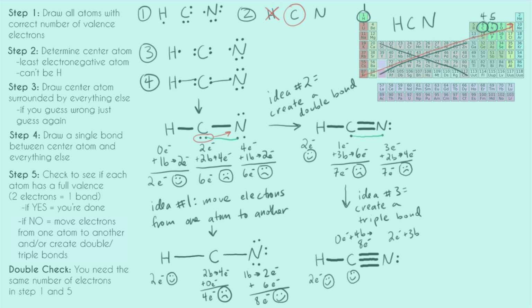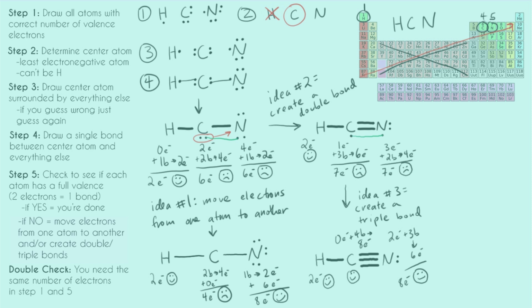Each bond equals 2 electrons, so this is really 6 electrons. And so now 2 plus 6, a total of 8 electrons, and this nitrogen is happy. So now we've finally arrived at if yes, you're done on our step 5. So this is our final structure. This is the structure that allows every single atom to have a full valence.